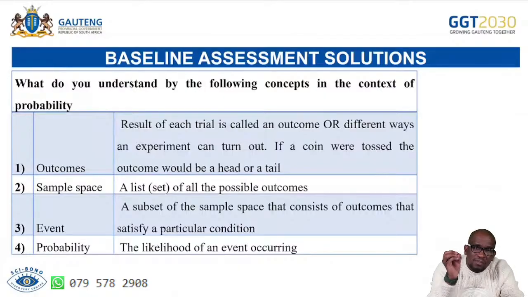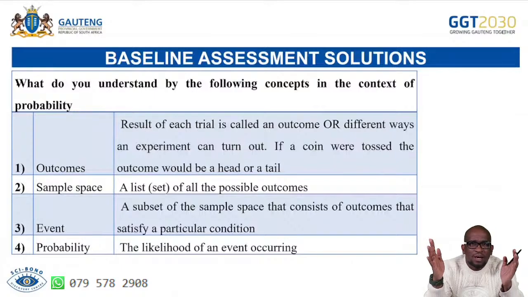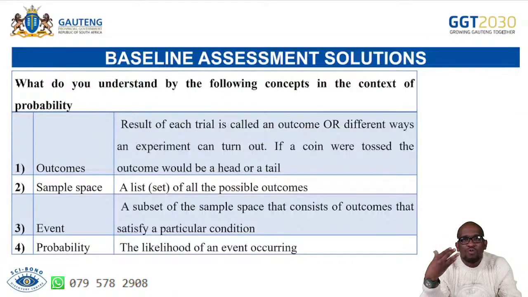For example, if you are rolling a six-sided die and you are interested in even numbers, what you are interested in would be the event. The sample space has numbers 1 to 6, so the subset you are interested in would be 2, 4, 6. So it's a subset within that sample space that satisfies a particular condition.